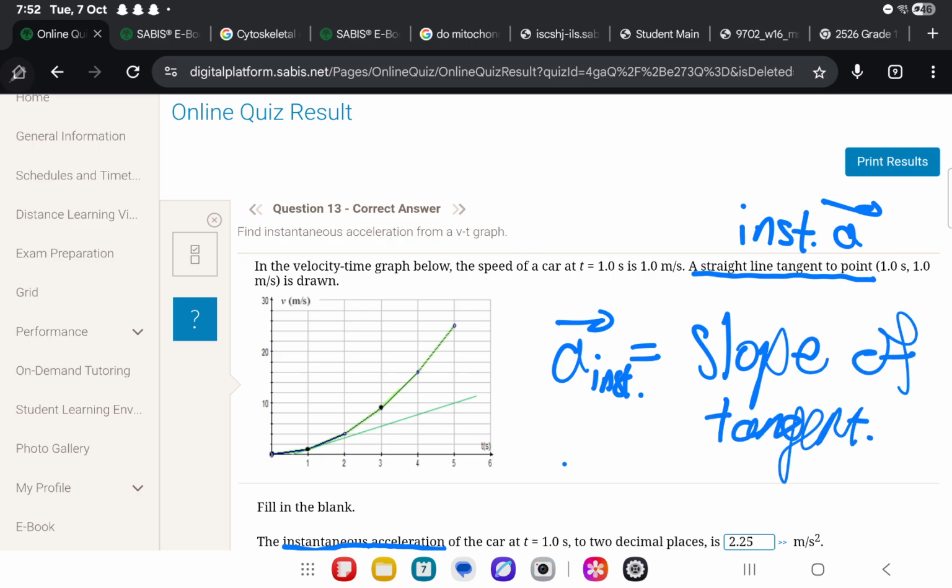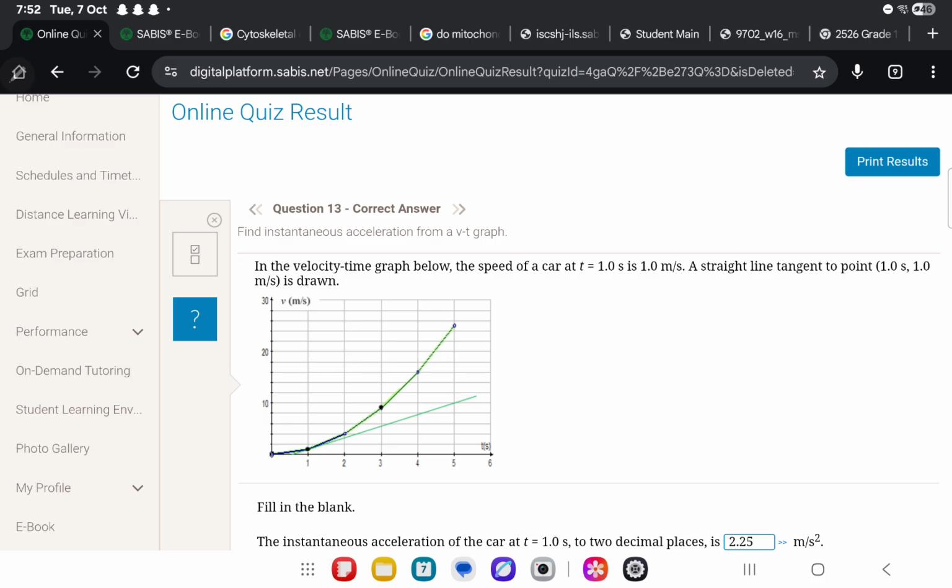Okay, so we have this point here, and it's given to us, right? The tangent to the point, 1 second and 1 meter. It belongs to the tangent, right? It belongs to the curve, and it belongs to the tangent because it's tangential. It meets the curve only at this point, so it obviously belongs to it, right? So we have 1 comma 1, okay, and then let's look for another point. We have this point here.